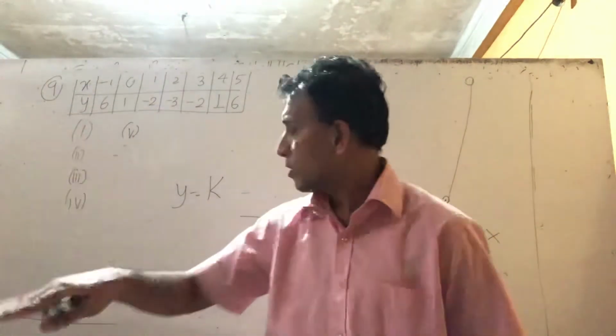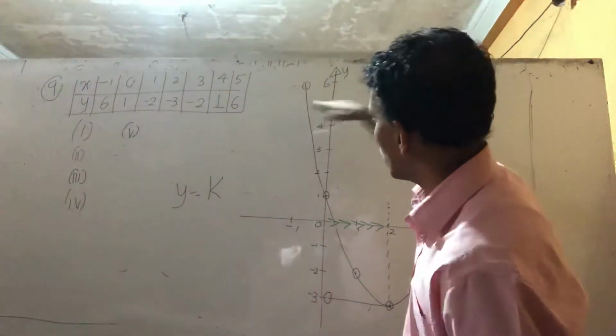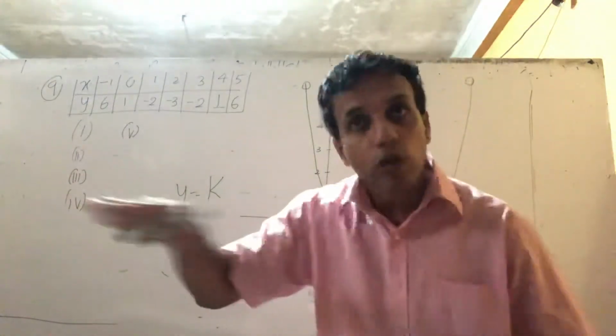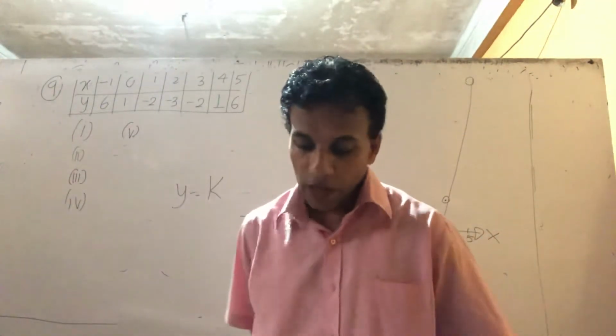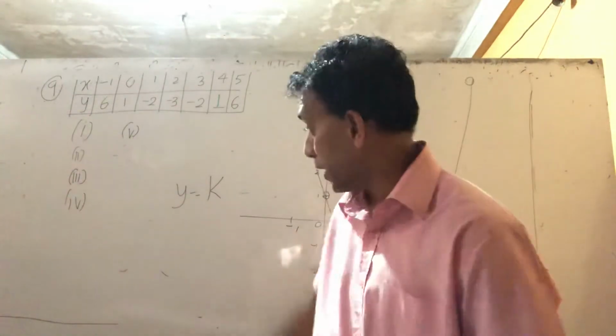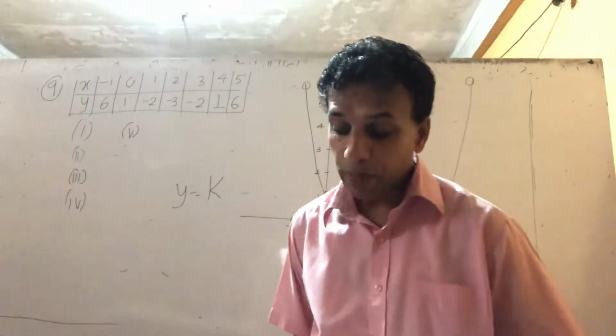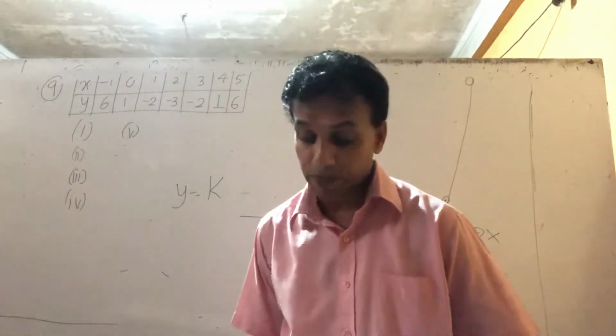Grade 8 maths: y equals 1, y equals 2, y equals 5, y equals any number is always parallel to the x-axis. So complete this: y equals k is a straight line parallel to the x-axis.